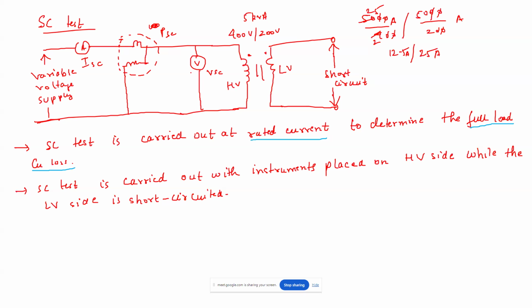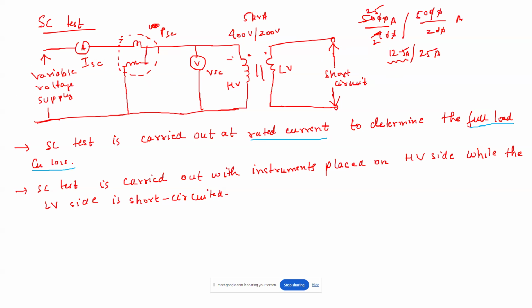Because we do the short circuit test at the rated current, we do it on the high voltage side, because there the current rating is less and it is safer to operate. It is easier to get this much current, 12.5 ampere. Among these two rated currents, this is the lesser one, so it is easier to arrange a voltage supply which can supply it.